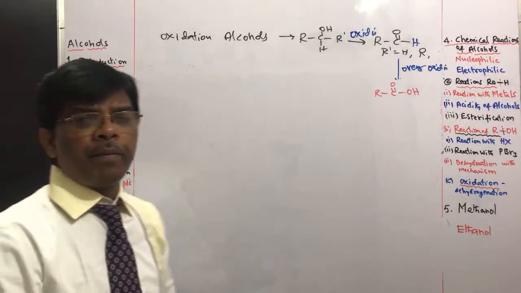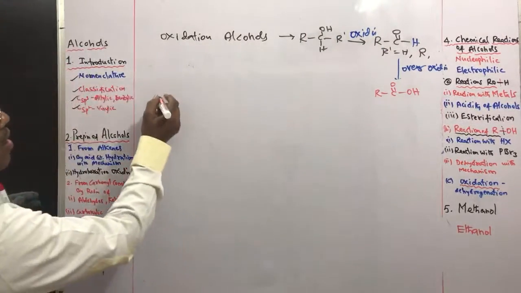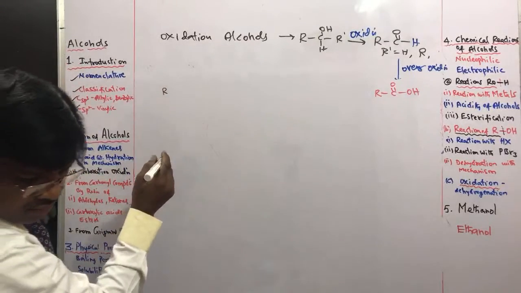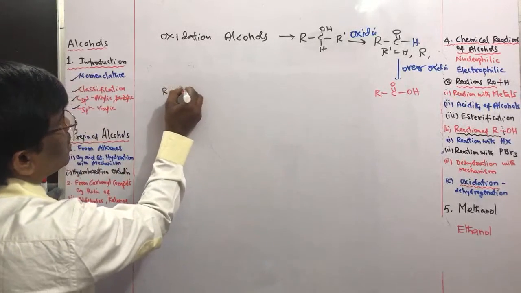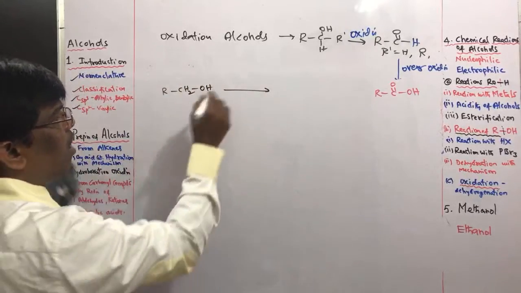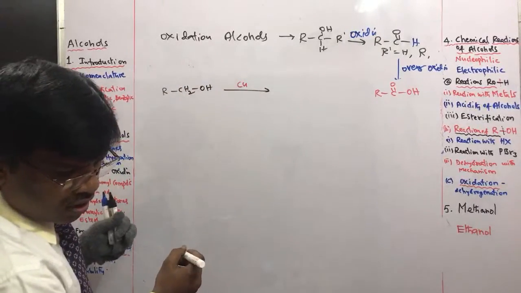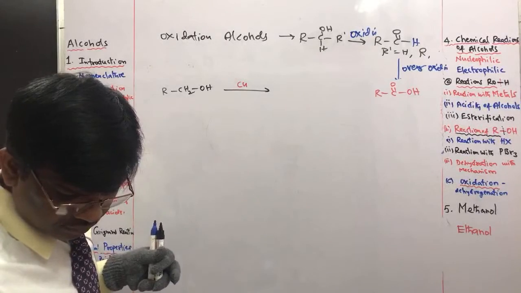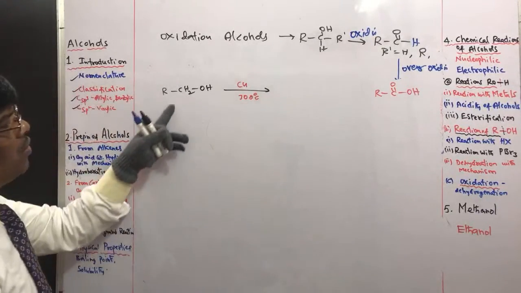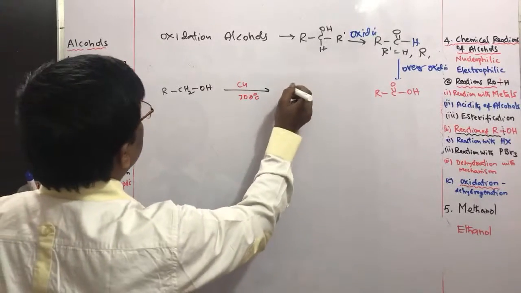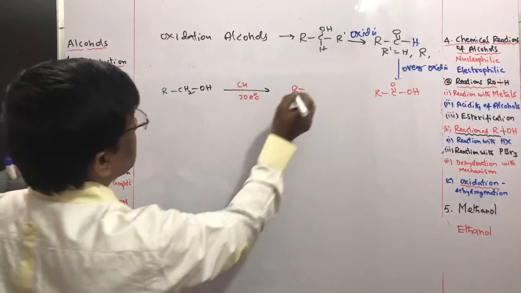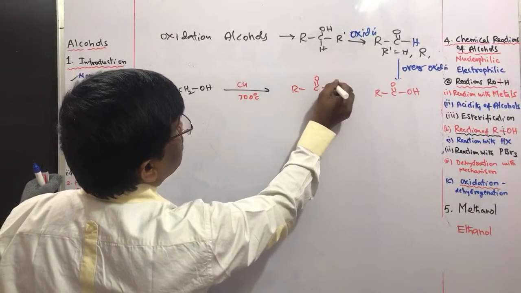So another way of preparation by oxidation is passing alcohol vapors over copper. For example, RCH2OH on red hot copper at a temperature of about 300 degrees centigrade. It is going to remove this hydrogen to give RCHO, aldehyde.